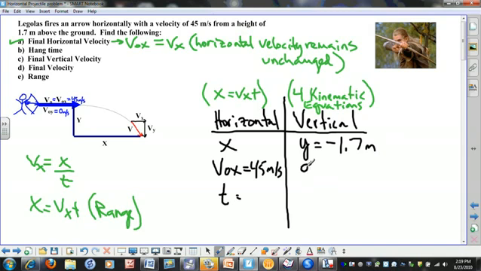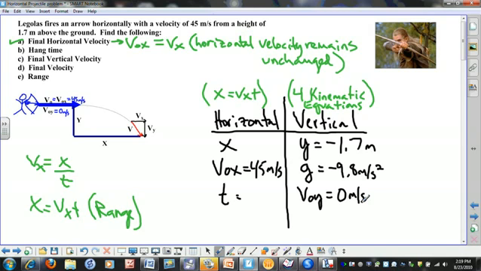Well, we know g is always negative 9.8 meters per second squared. And we also know that the initial vertical velocity is 0. The arrow has to start from somewhere. So even though he shot it with a great velocity of 45 meters per second horizontally, vertically, it started at 0. It had to start from somewhere when it began to fall, and it started from 0 in this case.